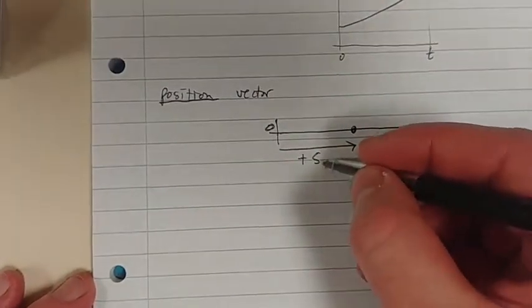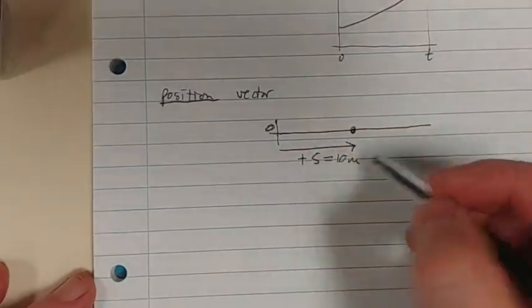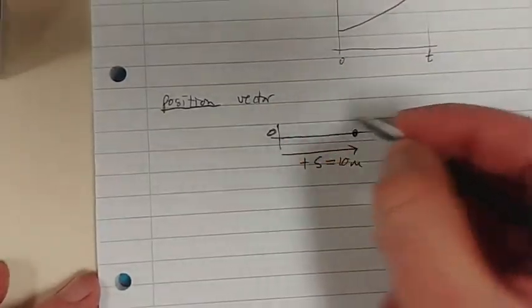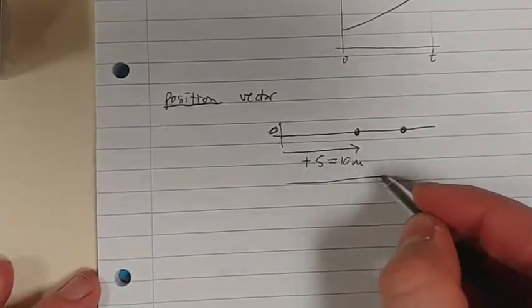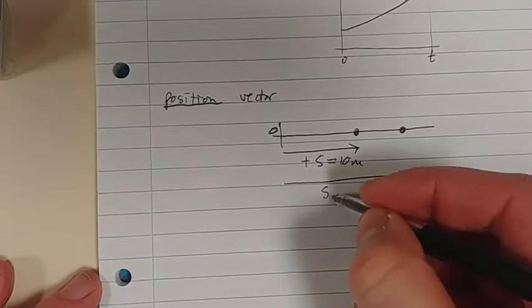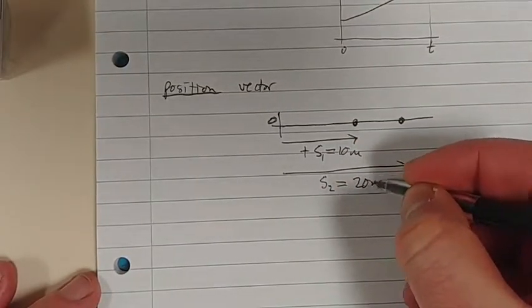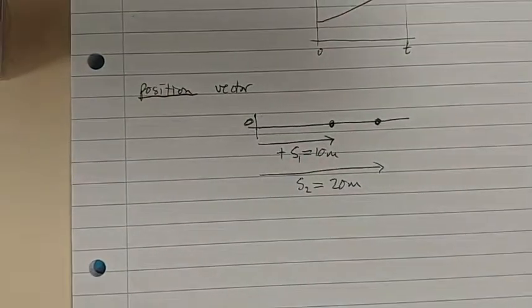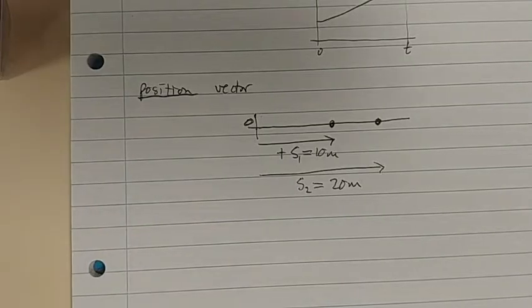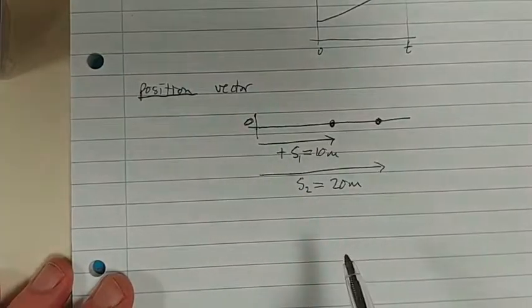So this position, for example, could be 10 meters, right? And then say the particle moves from there to there. Then that could be, say that's S1 and S2, that could be 20 meters.